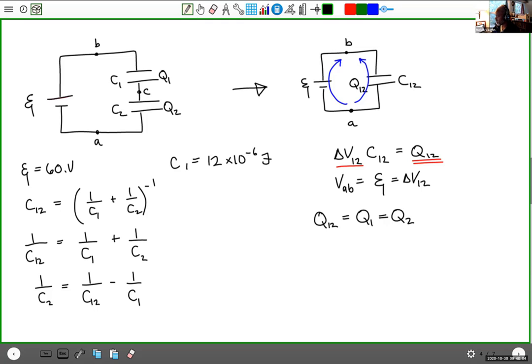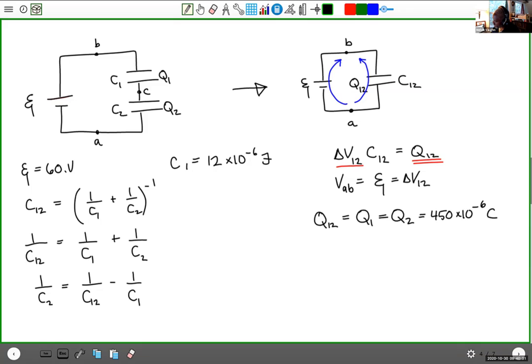So that means the magnitude of the charge of our equivalent capacitor is the same as the individual capacitors. And we were given that to be 450 microcoulombs to be the charge on capacitor 2, which is the same as the charge on capacitor 1, which is the same as the charge of our equivalent capacitor.